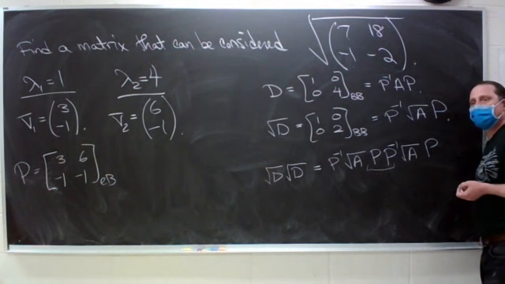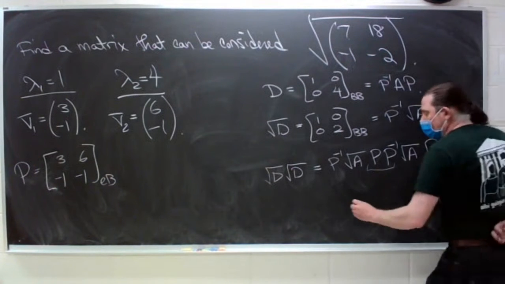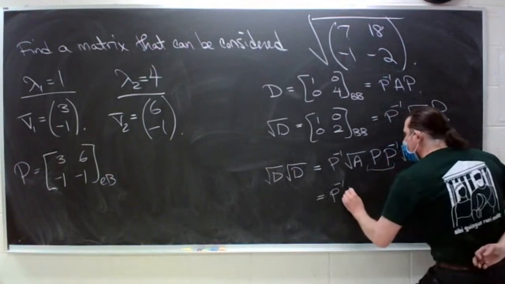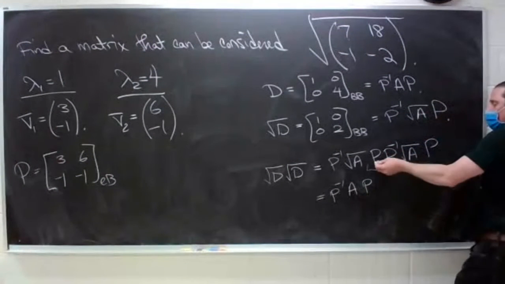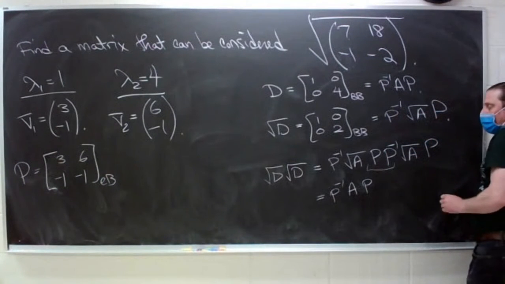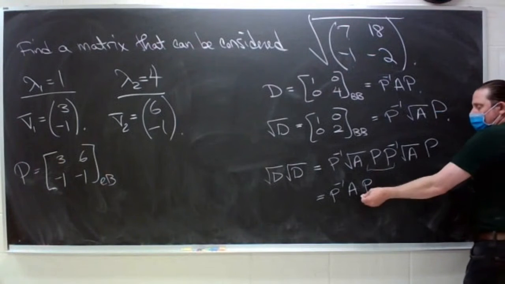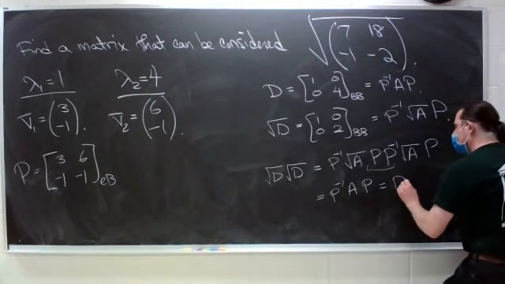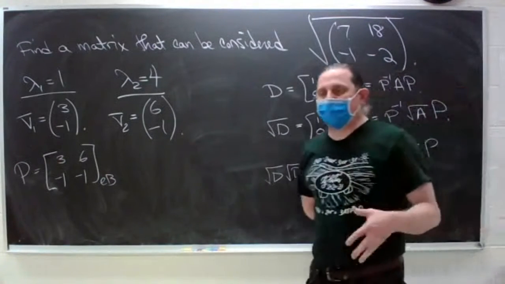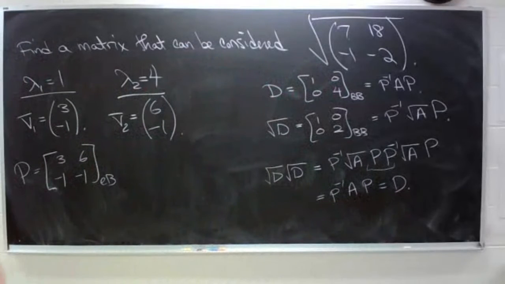And this is P inverse. So that's the identity. That's going to go away. Square root of A, we get A. So that's another way that you can understand why it is that this is sort of kosher. This is okay for us to do.